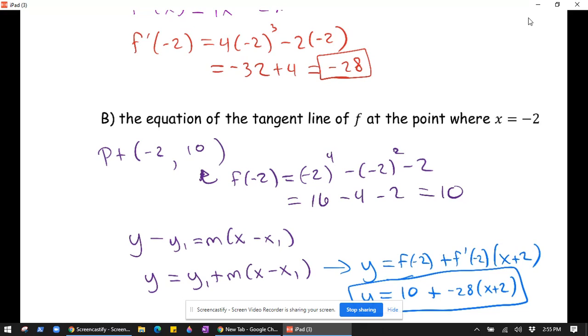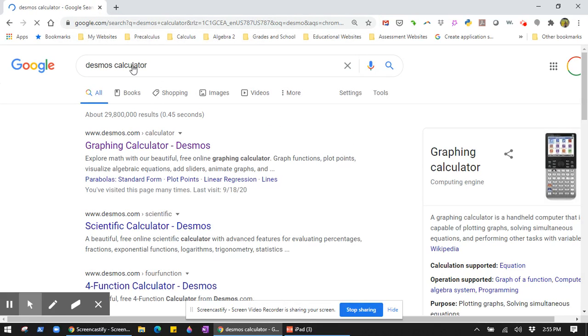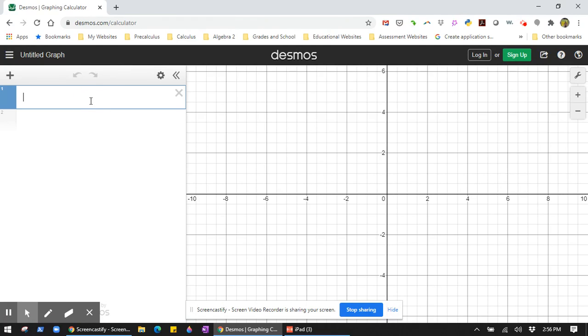It's never a bad idea to go and check to ensure that your tangent line is doing what you want it to do, which is behave like the function. So our function was x to the fourth minus x squared minus 2. Let's take a look at what that gives me.